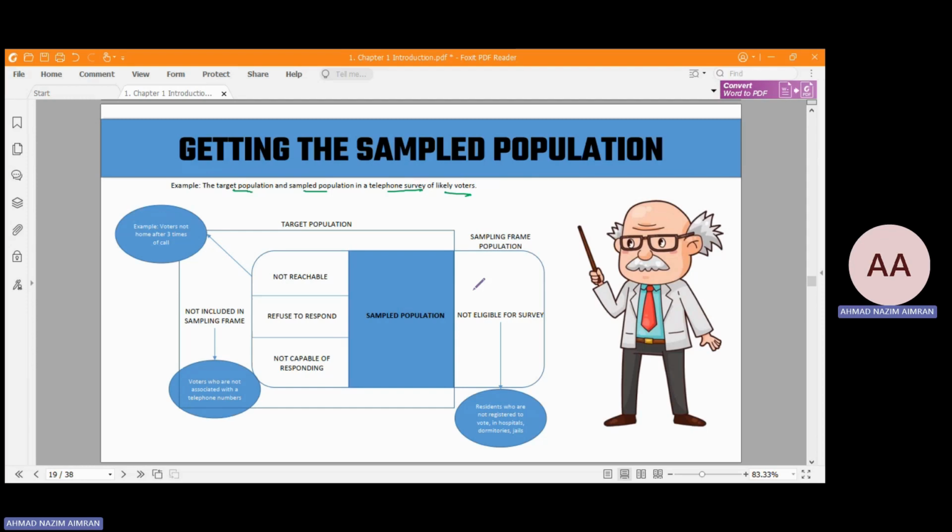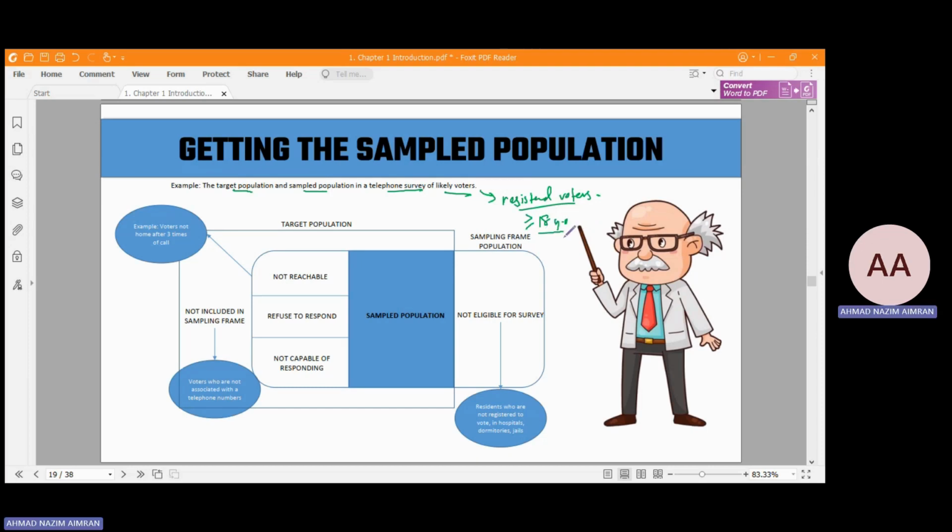So let's look at the first one. Let's say you would like to conduct a study on registered voters. Those who are not registered as voters, even though they are eligible to become voters, those aged 18 years old and above in Malaysia, are eligible to become voters.